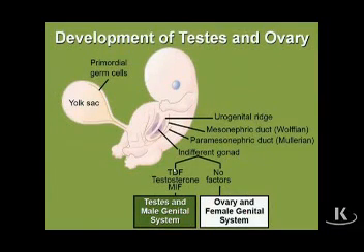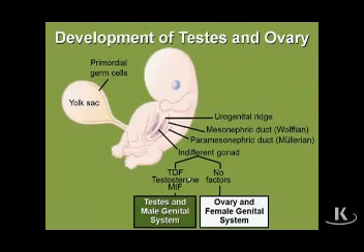Well, now that we have a testis, one of the cell types in the testis is the Leydig cell, and the Leydig cell produces testosterone and a derivative of testosterone, dihydrotestosterone. And in the presence of testosterone and dihydrotestosterone, they will differentiate all of the other elements of a male reproductive system.